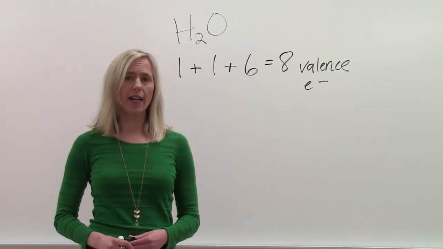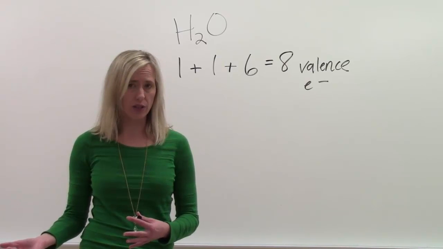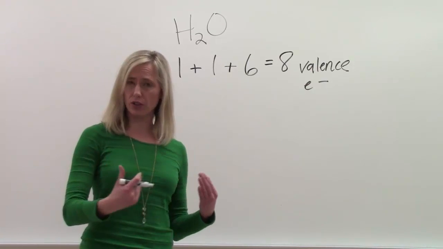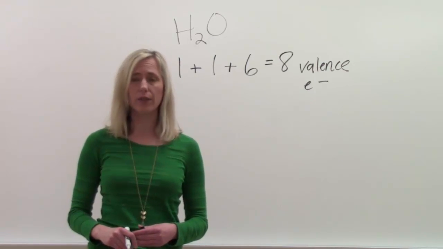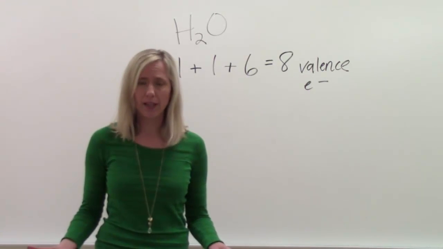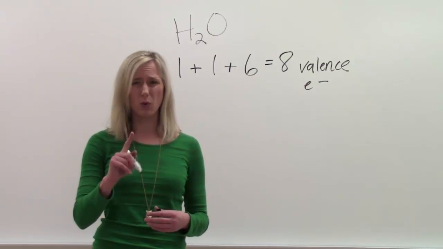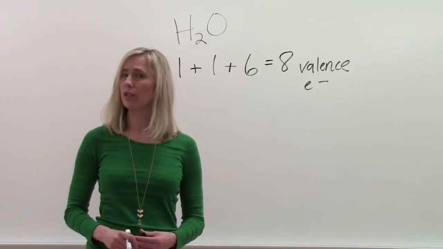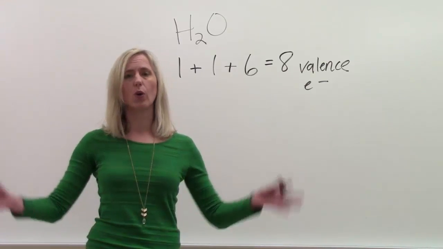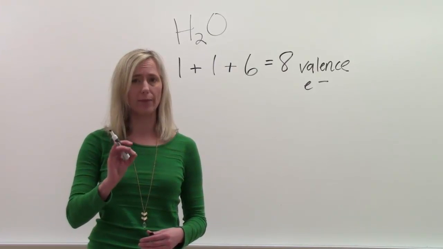The reason for that is it's going from a 1s1 electron configuration, and by gaining 1, it turns into a 1s2 electron configuration, which matches that of helium, which is a stable atom. So if hydrogen only needs to gain 1 more electron, it really only needs to bond 1 time, which means your hydrogen atoms should always go on the outsides of the molecules, never a central atom.